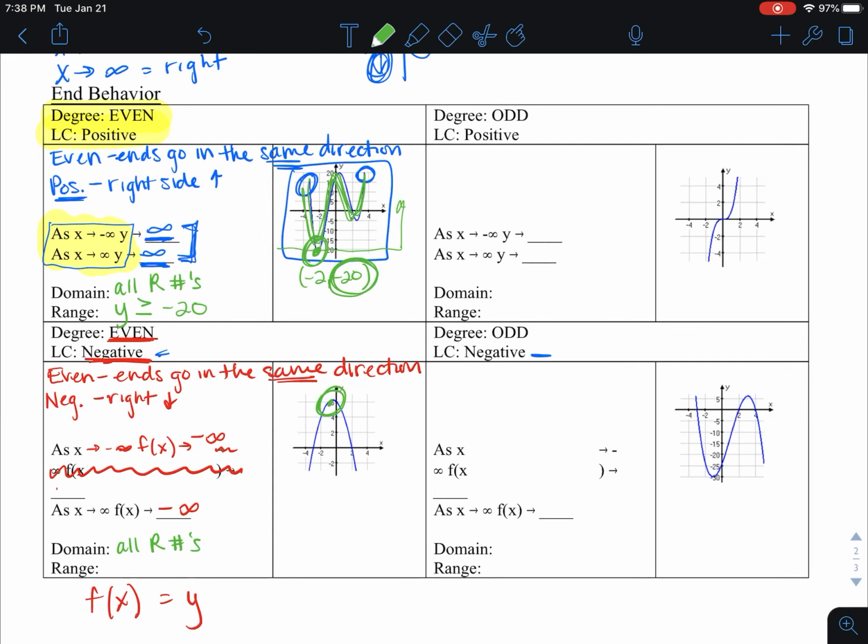Now just the opposite here. All my y values are going to be below this point because that's my absolute max. So I would say all of my y's are less than or equal to 6, because my curve is below that.